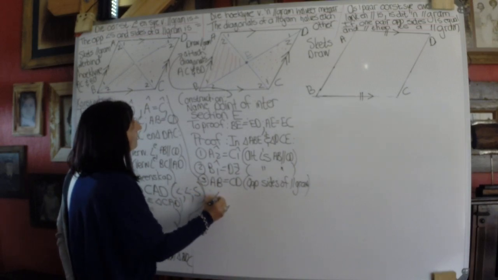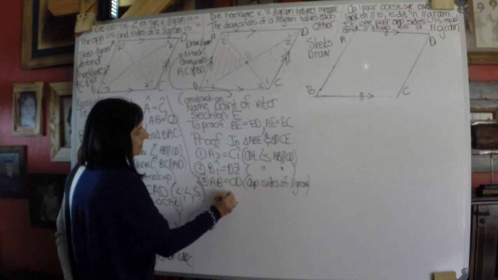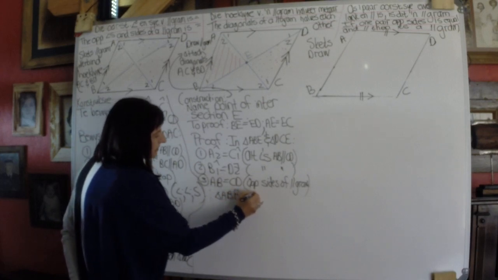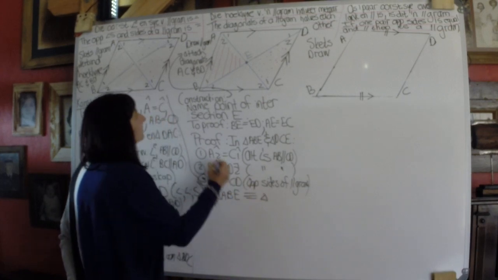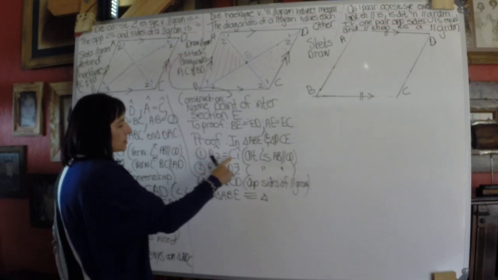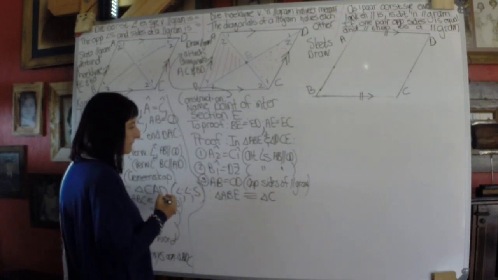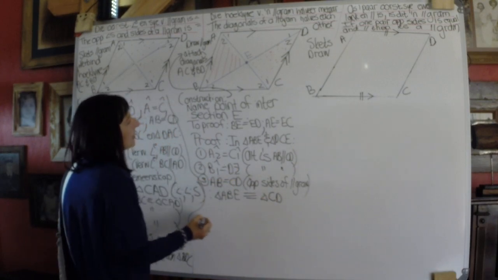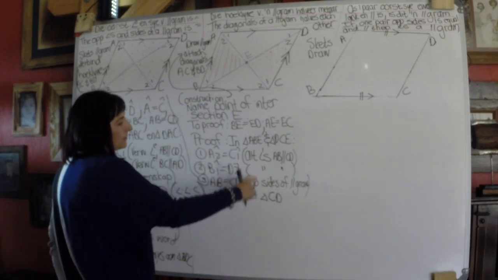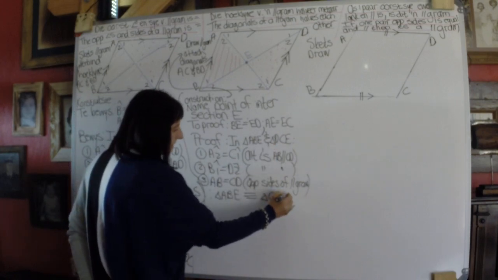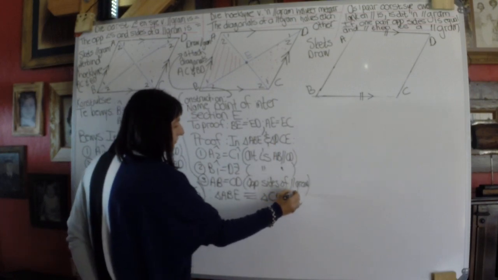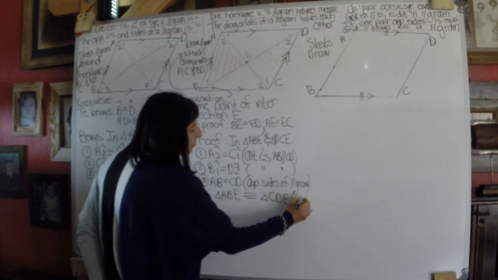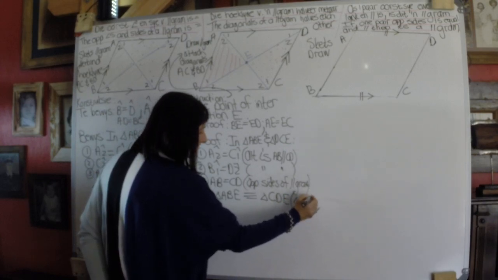Therefore, triangle ABE is congruent to triangle... Okay, A goes with C, so we write C first. B goes with D, then D. And then we are only left with C, D, and E. And the reason for that, again, hoek, hoek, sy.